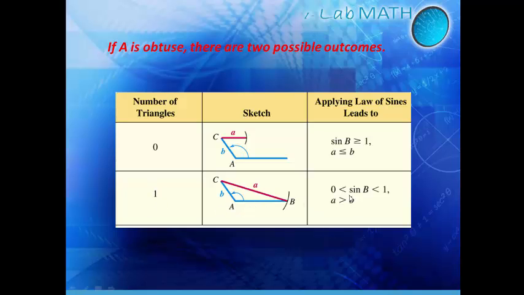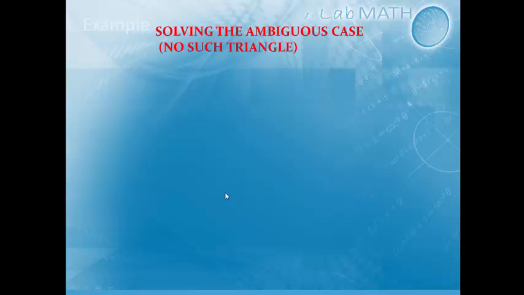When would that happen? If sine B is greater than 0 but is less than 1, such that a is greater than b. So a should be greater than that side. So let us now have this example. Solving case 2, that is the ambiguous case.